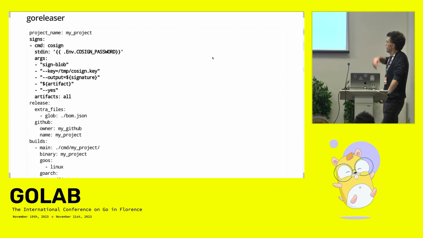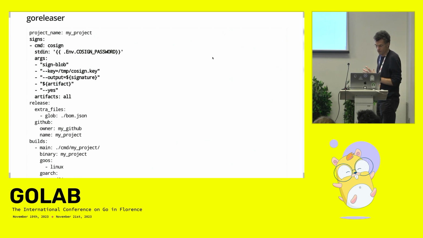It has a sign step, so you can use cosign, provide the key, and generate the signature of your artifacts. You can generate the signature of all your artifacts, including the BOM, and that's automatically stored together, for instance if you are on GitHub, and then someone can take it and verify it.